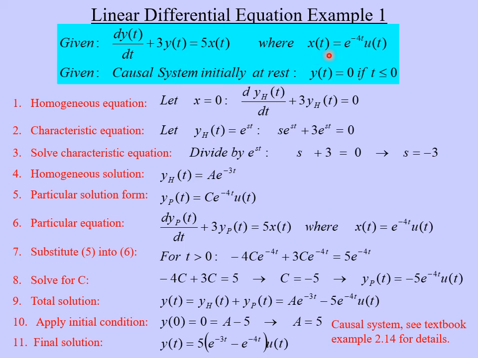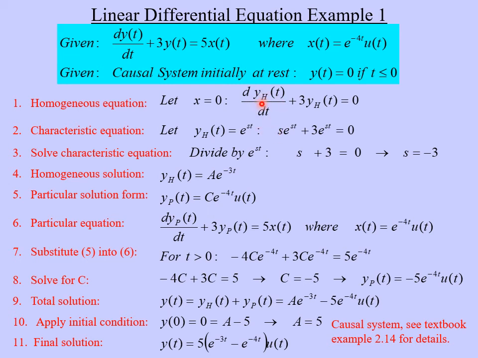So what we're going to do here is find the homogeneous equation first. So we let the right side equal 0. So we have dy/dt plus 3y equals 0, and the characteristic equation, I'm going to skip this step and do it by inspection. That's the short method, right?